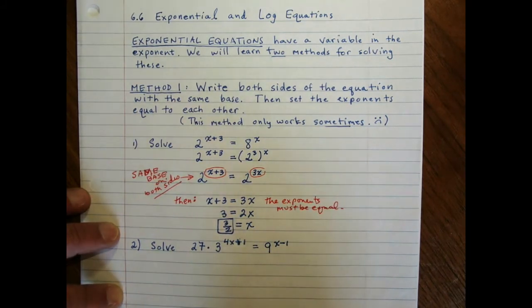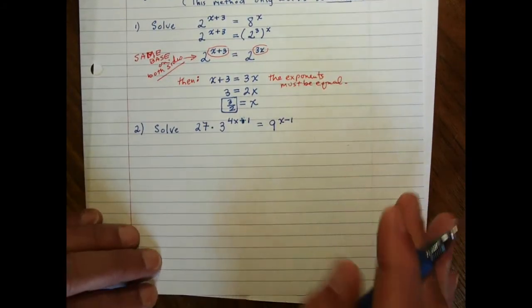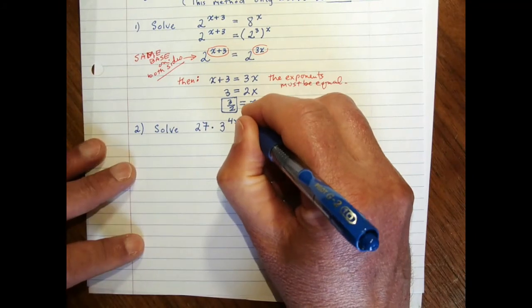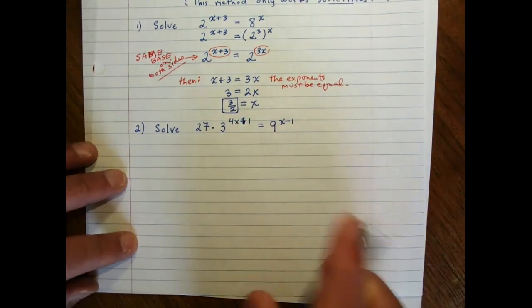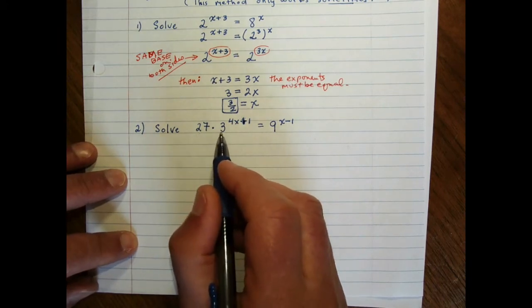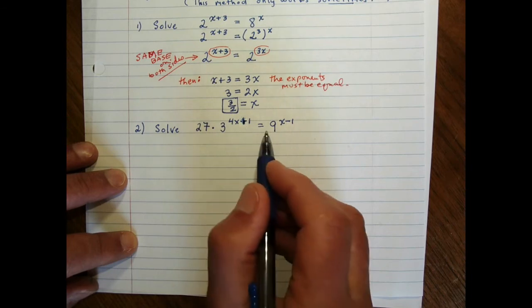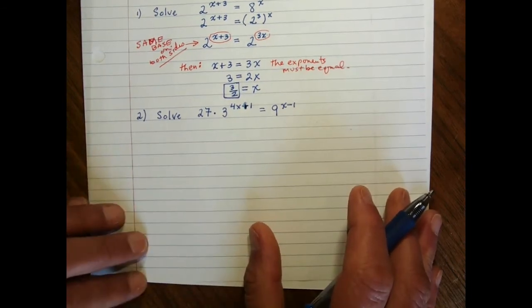Let's look at another one. And I got a little smudge here. There's a plus sign there. We're solving this equation, 27 times 3 to the 4x plus 1 equals 9 to the x minus 1 power.